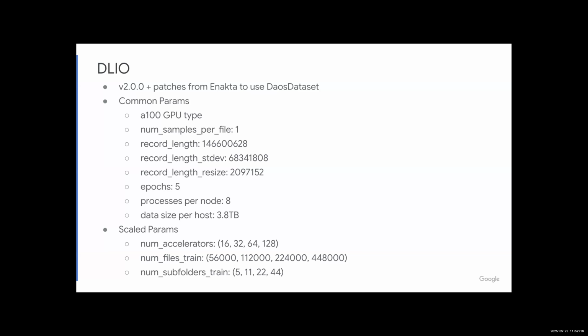So it's a bit tougher, and the idea here is that you scale the size of the dataset with the number of processes, and you basically fully saturate everything. So yeah, that's what we did here.